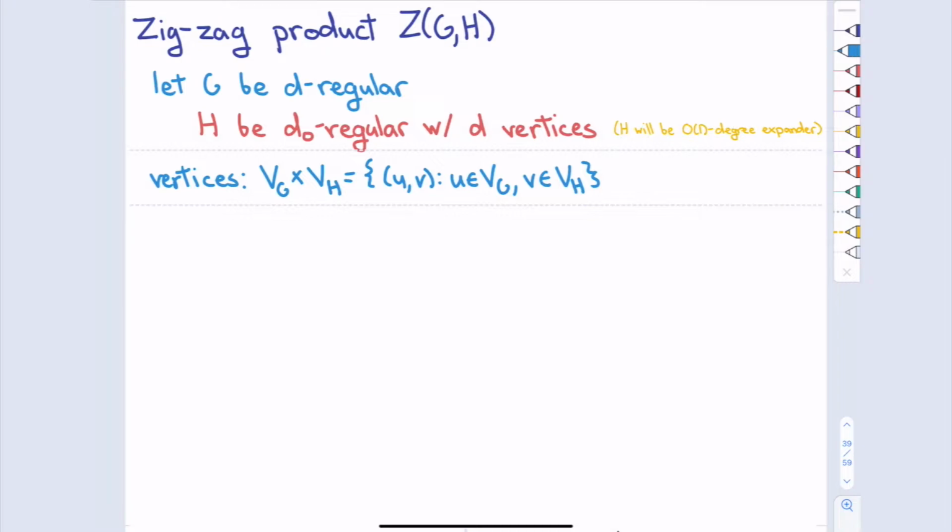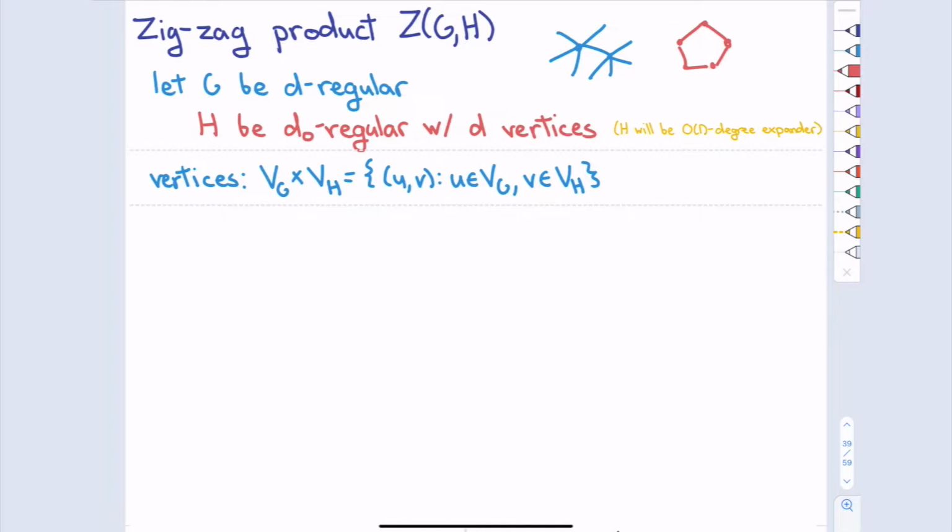At some level, let's say that G was originally like a degree 5 graph or something. Okay, and what we're going to do is bring in a graph H that has 5 vertices. See if I can count to 5 correctly.